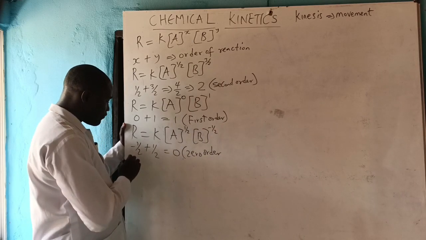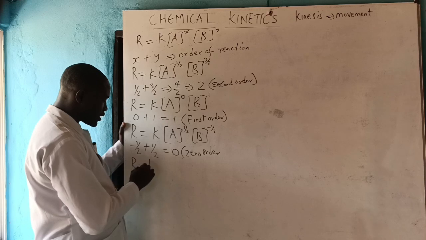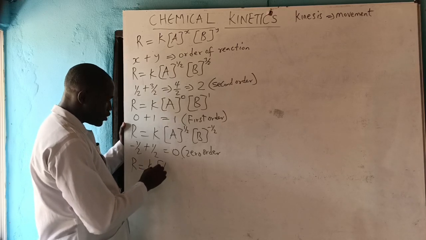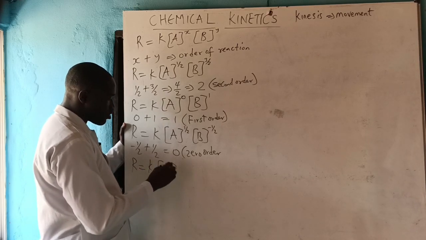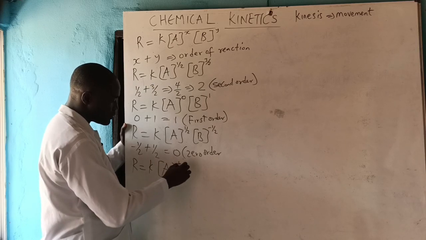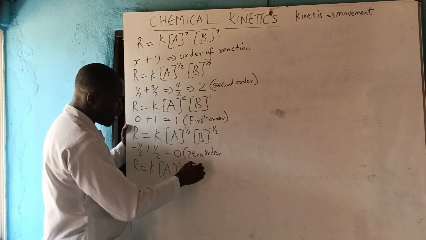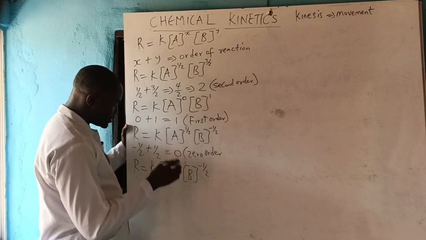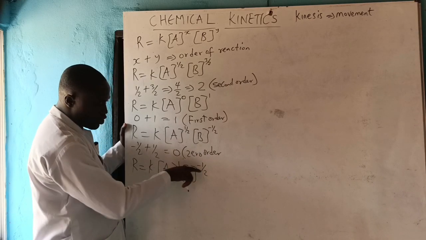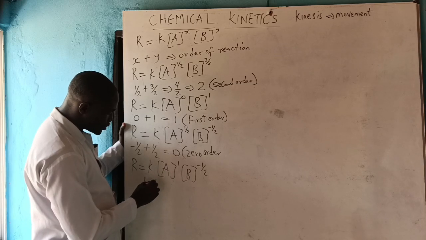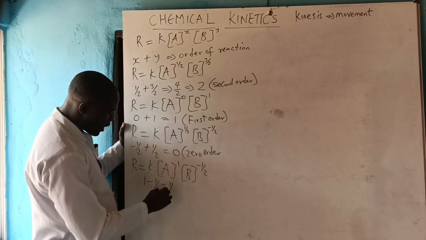When you also have r equals k[A]^1[B]^(-1/2), you tell them that x plus y equals 1 minus 1/2 equals 1/2.